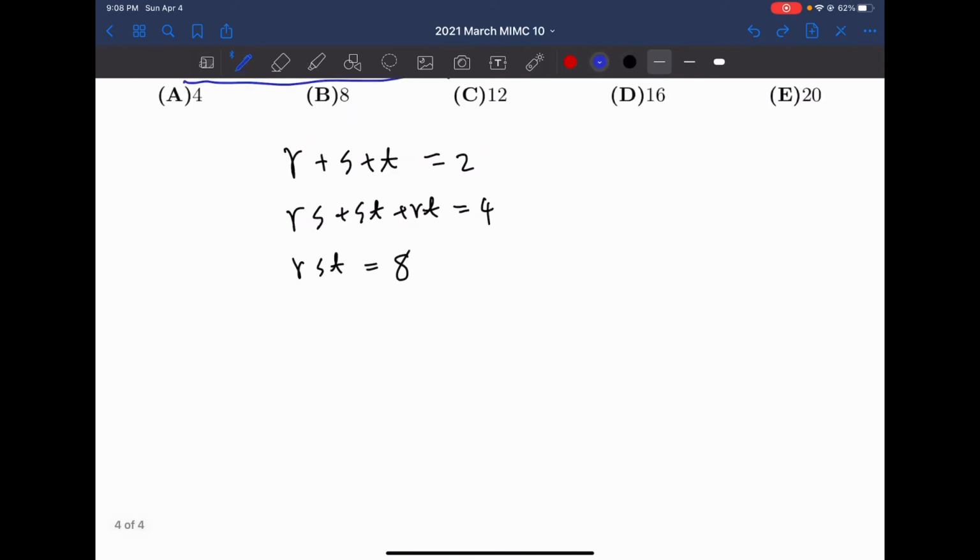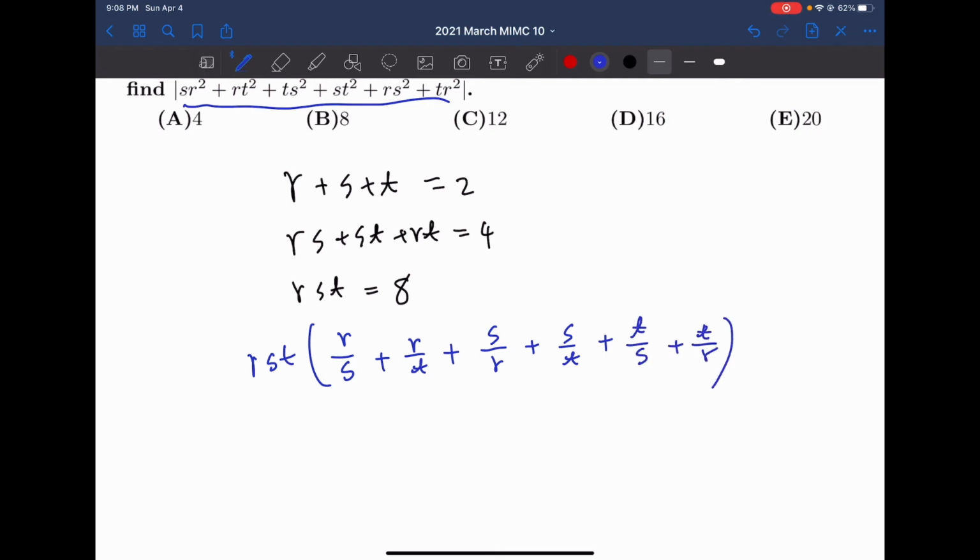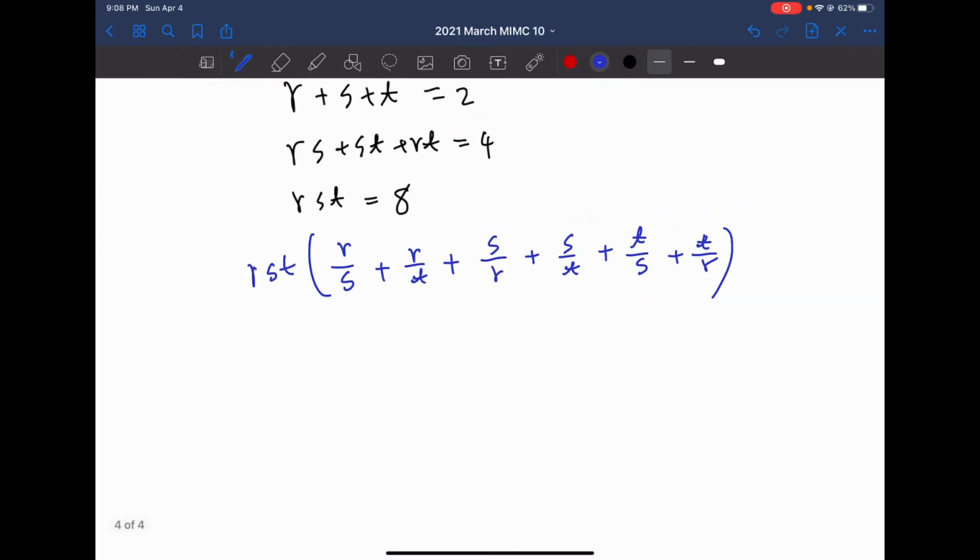So we can simplify this expression to rst times r over s plus r over t plus s over r plus s over t plus t over s plus t over r. So that is the original expression.